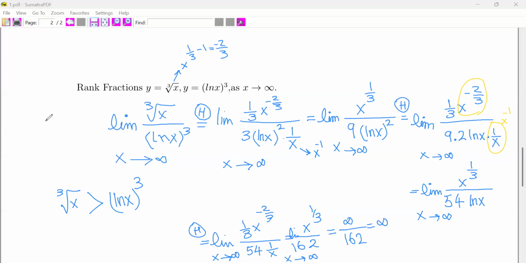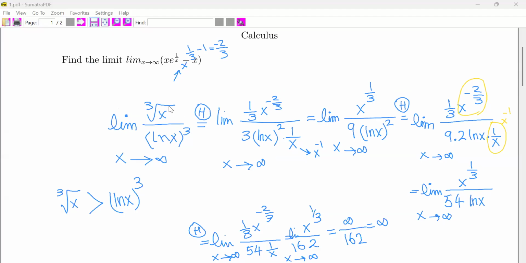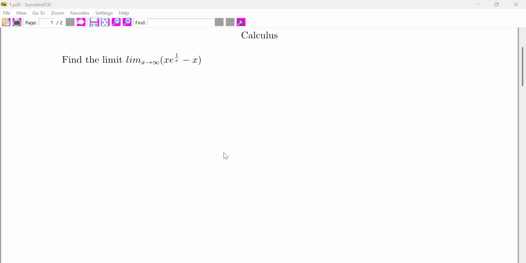Let's go to another question, which is still about L'Hopital, but not about ranking the functions. If we want to find the limit of x times (e to 1 over x minus x) when x is approaching infinity, we would see that since 1 over x, when x is approaching infinity, is going to be 0, e to 1 over x is going to be 1.